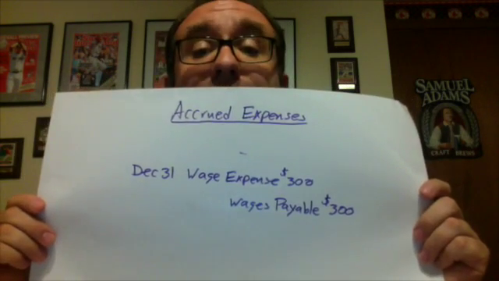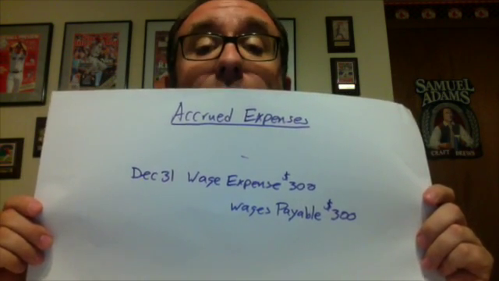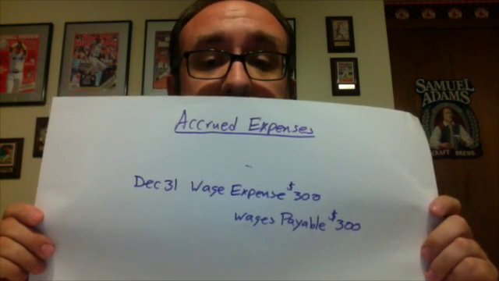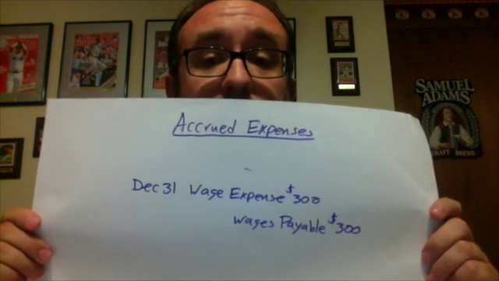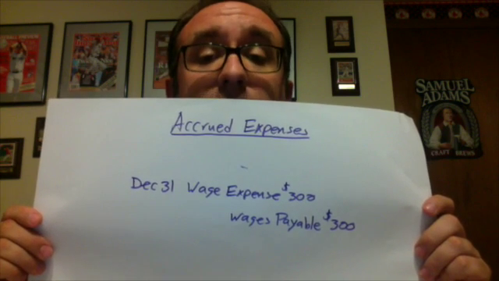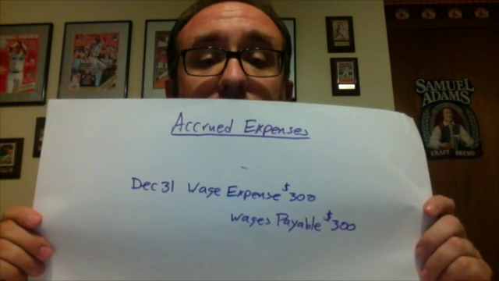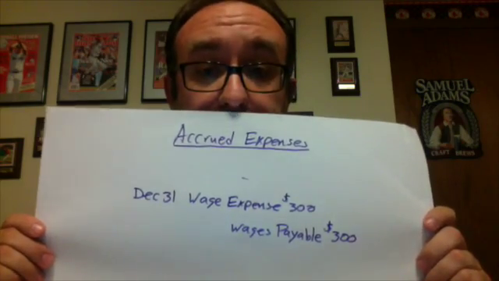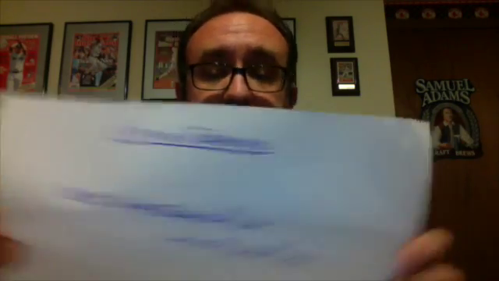And obviously they haven't been paid. Well, on December 31st, I would debit wage expense and I would credit wages payable. Again, I would debit wage expense and credit wages payable. The thing about accrued expenses is you're always going to debit an expense and you're always going to credit a liability. Always.